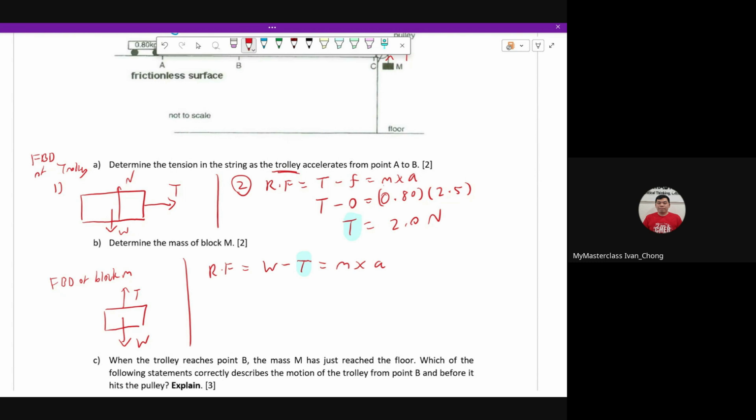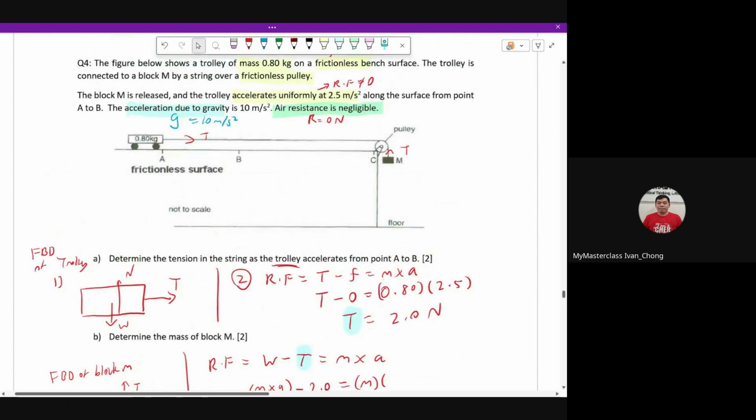So first thing, you want to find what is block M. What is W? W is mass times g, right? Minus your tension, which is 2, which is your M times a. What's your a? Now, take note, the acceleration of both objects will always be the same if they are connected in the same string.